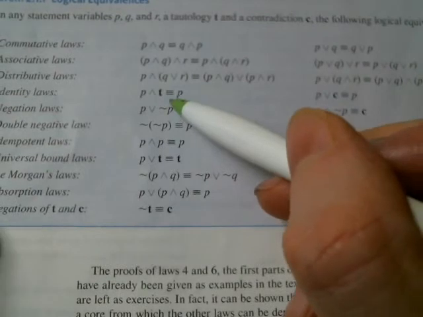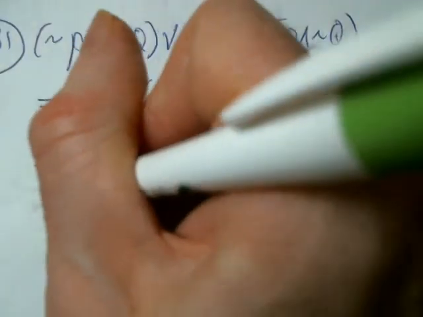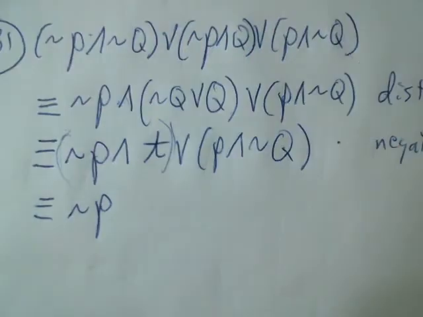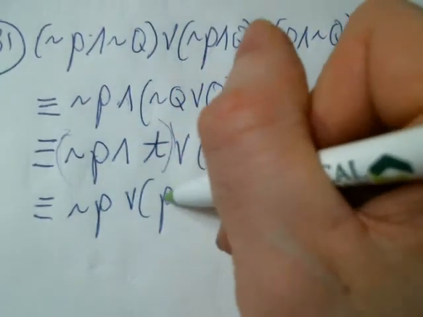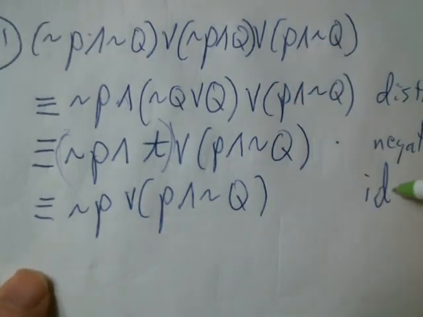Okay, and then this portion right here, this not P and T, is an identity law. That's just going to give you not P right back. So that's identity.